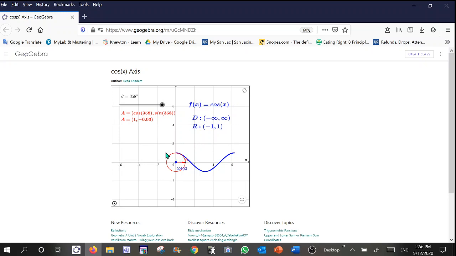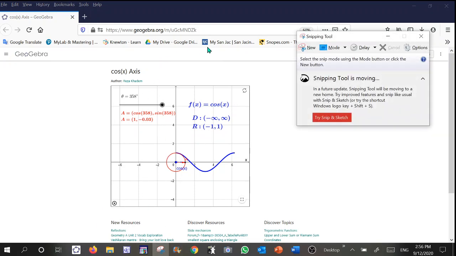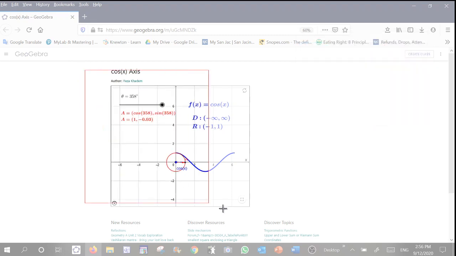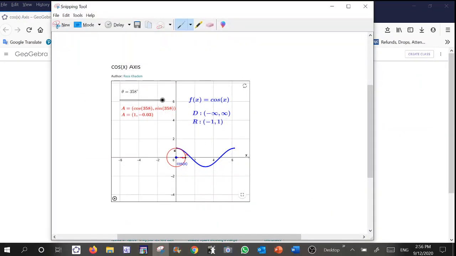So cosine, let me get this to show you. Let me get this, I can write on it. So you see right here, when you're over here on the unit circle, cosine starts from here, right? So if this is the unit circle, again, I said that you have to think about the unit circle as somewhere else. I put it here in the same coordinate plane, but you should think of this circle as somewhere else.